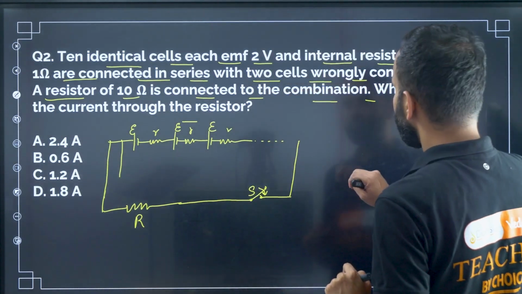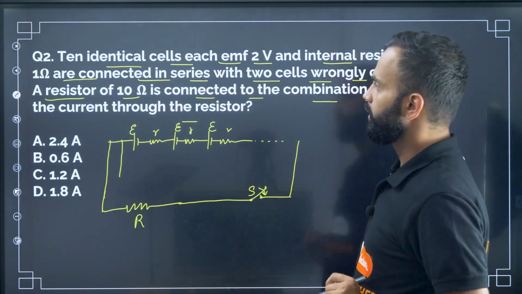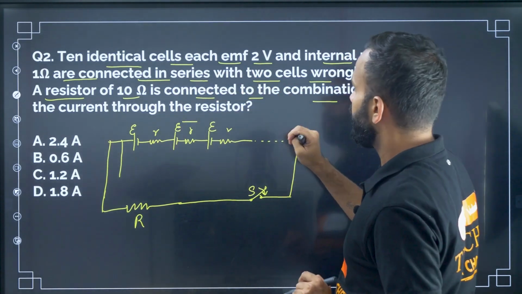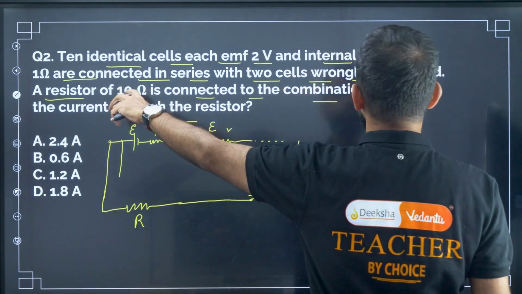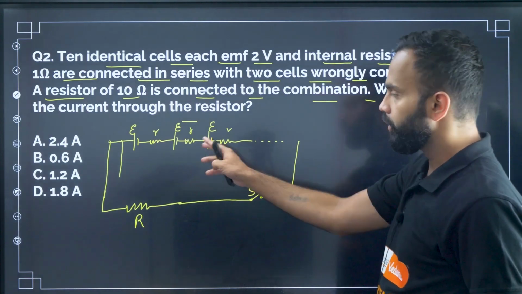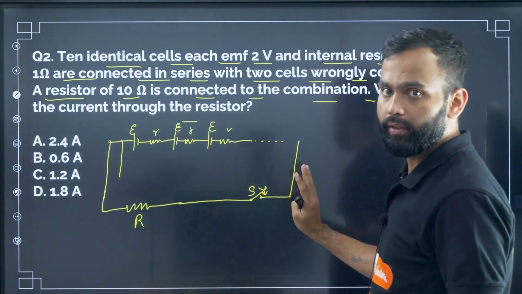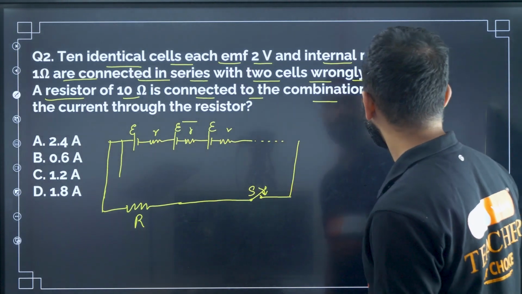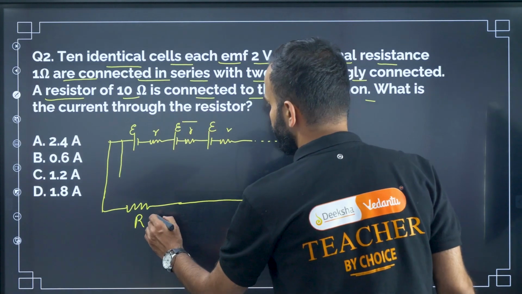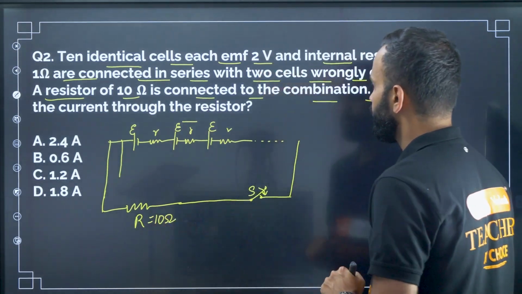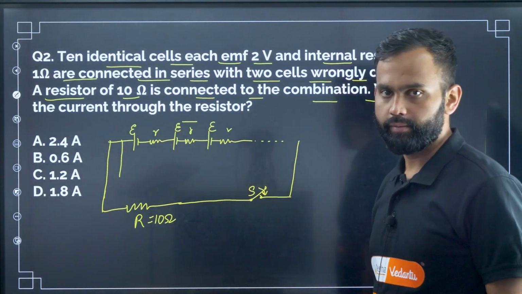Each EMF is 2 volt and internal resistance is 1 ohm. All of them are in series. Two cells are connected wrongly. Then the resistor R equals 10 ohm. To this combination we need to find the current through the resistor.